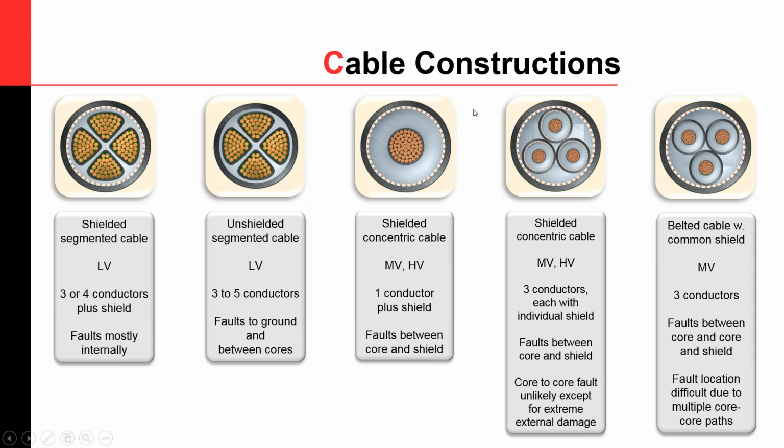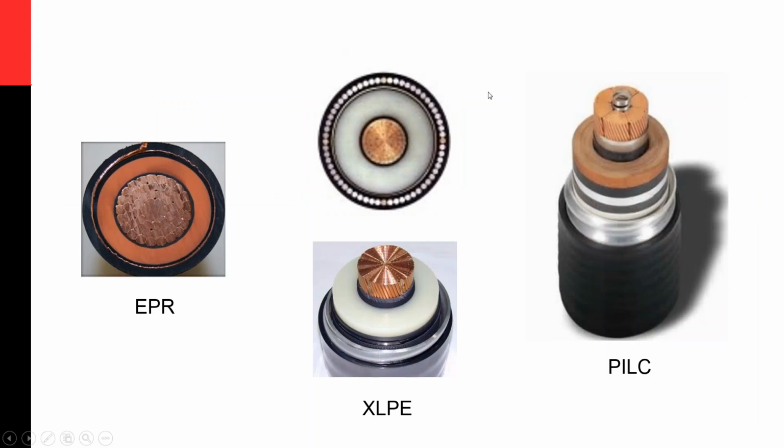So for everybody who's not familiar with that, what do I mean by this? Typically extruded cables are plastic cables, and you have two main types. You have the EPR type, ethylene propylene rubber, and you have the XLPE, the cross-linked polyethylene. And to the right you can see the PILC cables. This is laminated insulation.